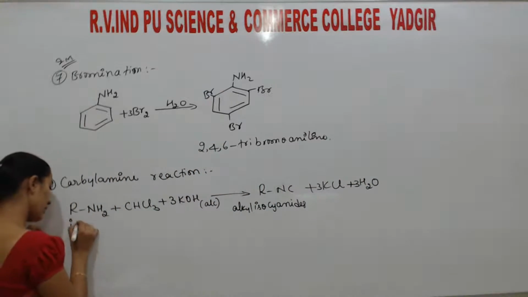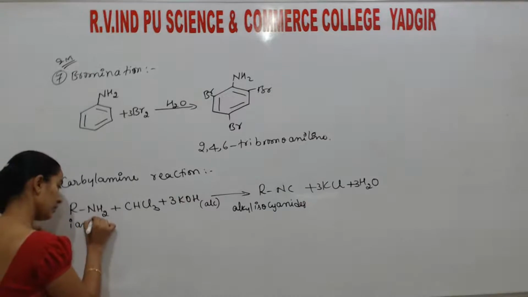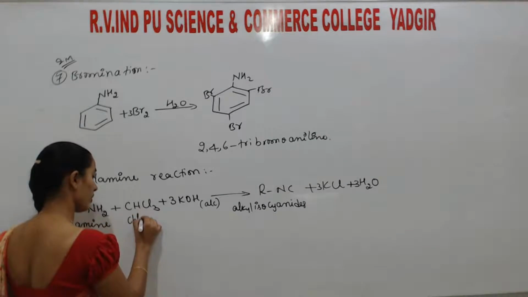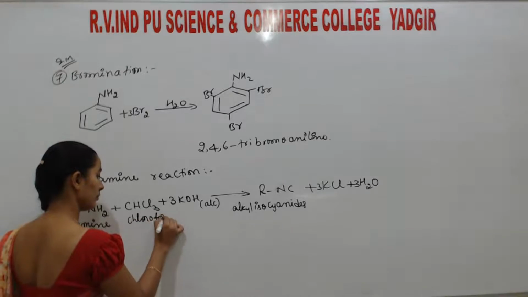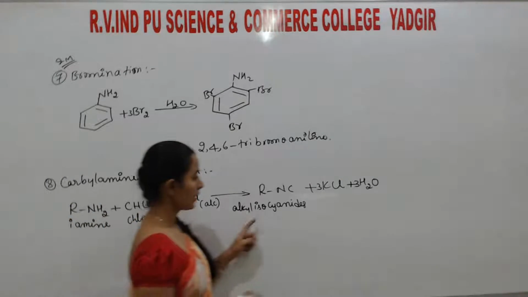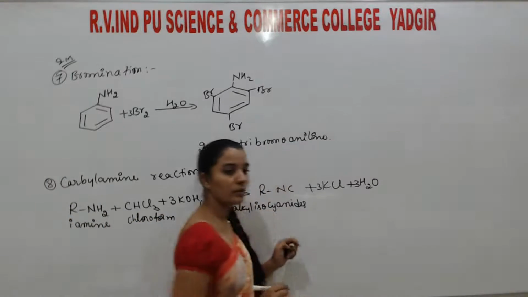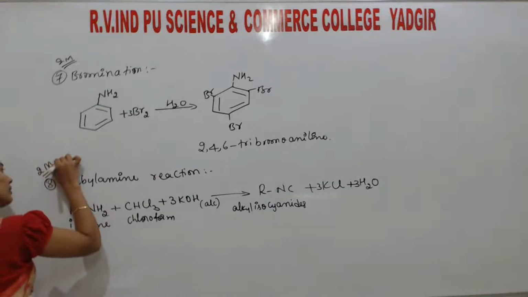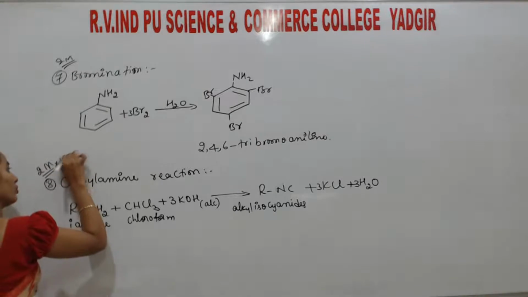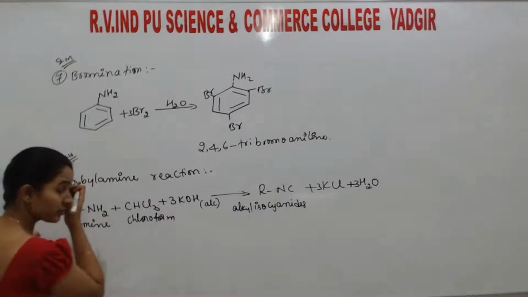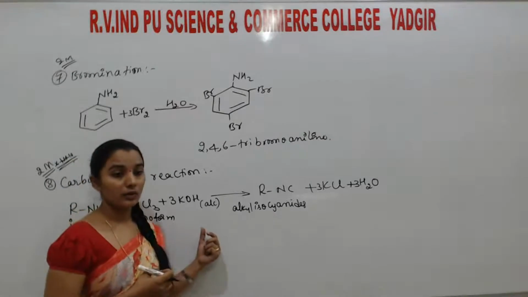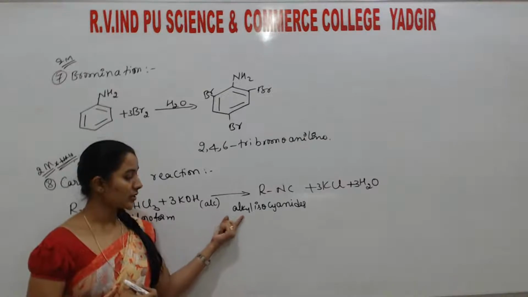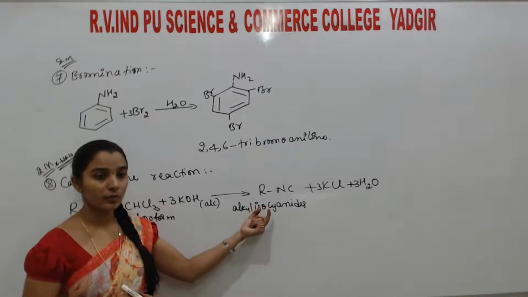So this is primary amine, this is chloroform, and this one is alkyl isocyanide and potassium chloride. So students, this reaction is very important for 2 marks. And this reaction is also one of the identification reactions, a detection of functional group reaction.